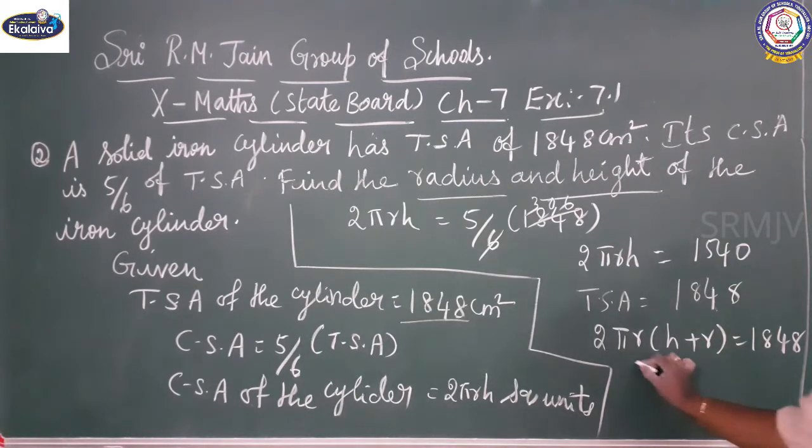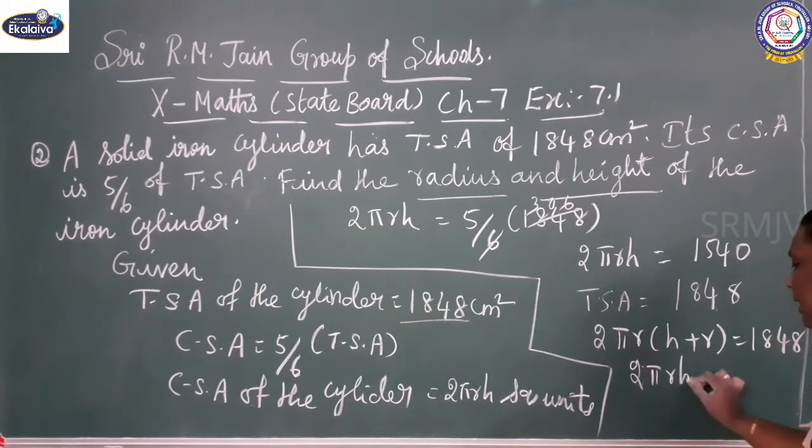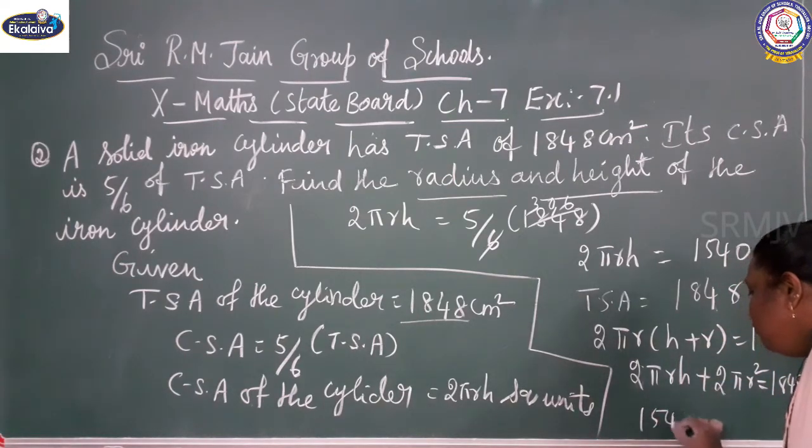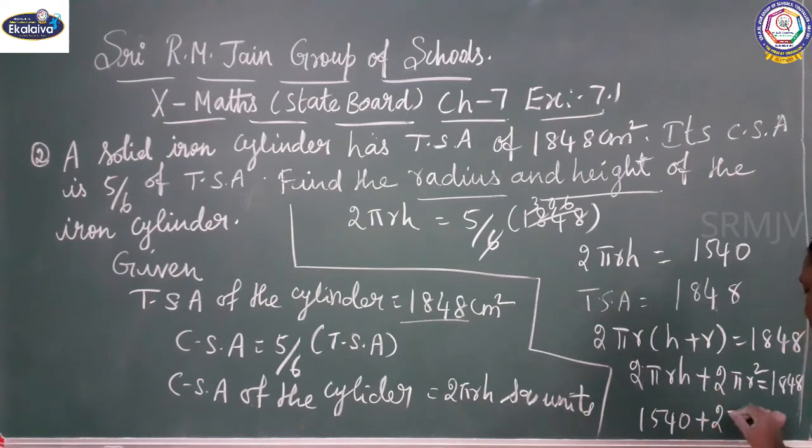So multiplying, 2 pi RH plus 2 pi R square equal to 1848. What is the value of 2 pi RH? 1540. So 1540 plus 2 pi R square equal to 1848.